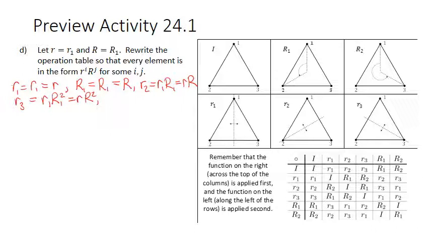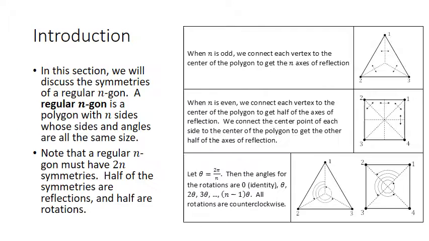And then big R2 was big R1 squared, so that'll be big R squared. And then finally, the identity element was big R1 cubed, which is big R cubed. Okay, so if you want to rewrite this table, you can do it with those substitutions. I'm not going to actually do it, but those are the substitutions that you would make.